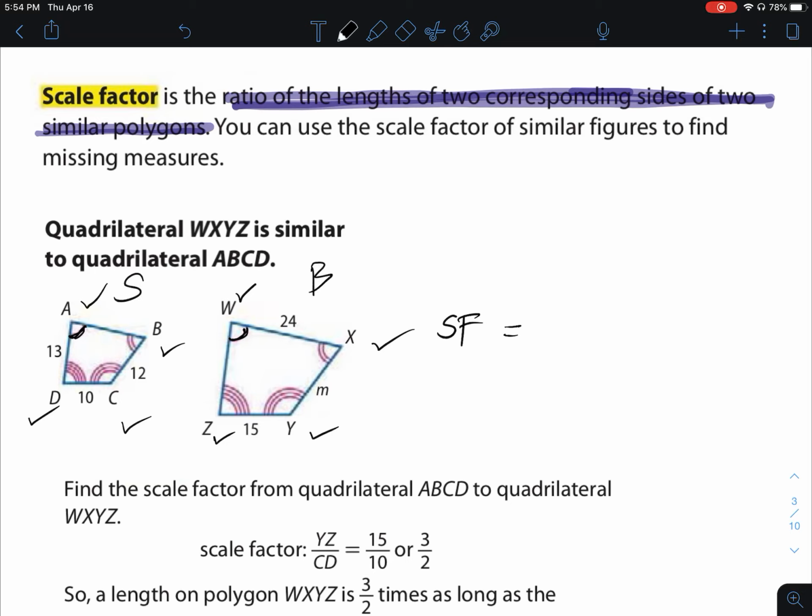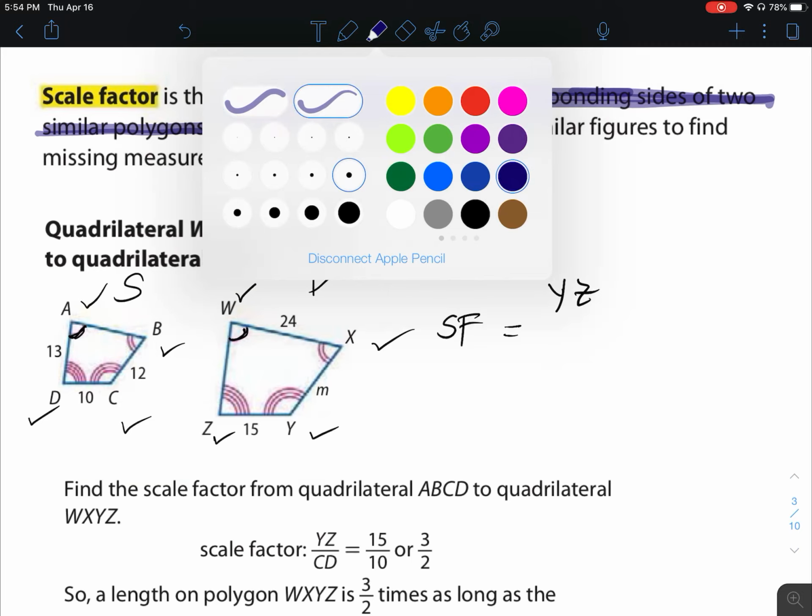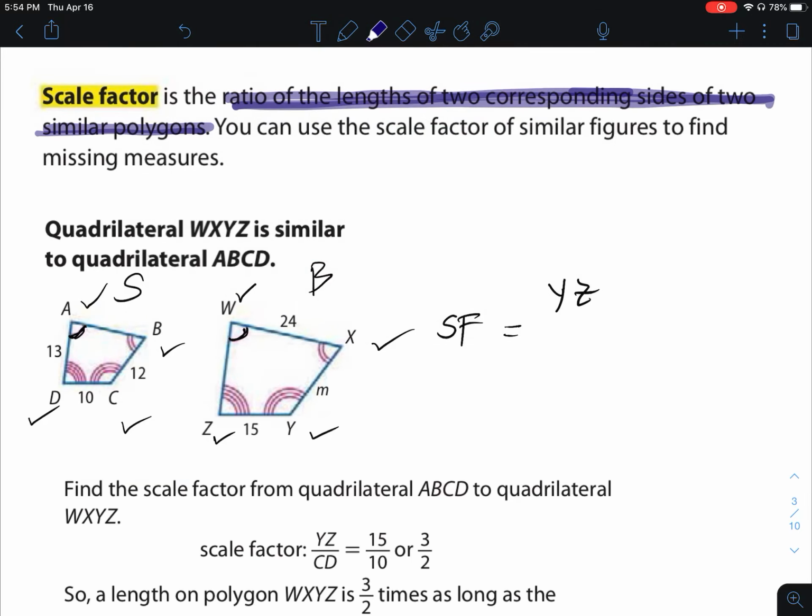This is our smaller figure. YZ right here. And we are going to look for the side that corresponds to YZ. The side that corresponds to YZ is CD right there. So basically, it's going to be YZ over CD. So our scale factor would be 15 over 10. And we simplify that, that's going to be 3 over 2.